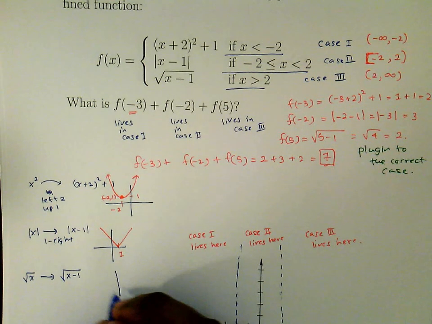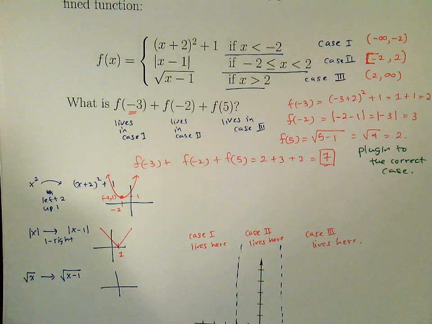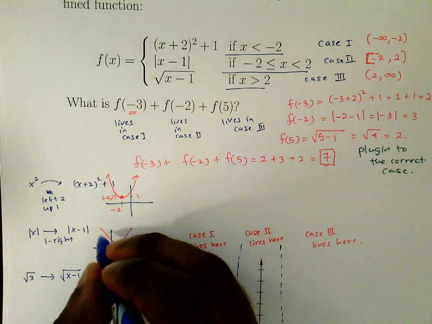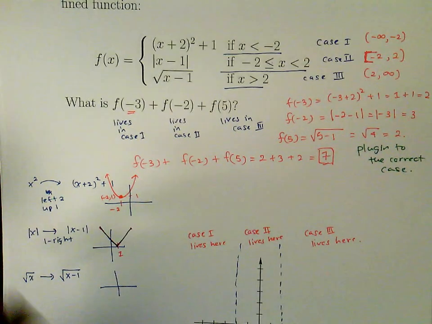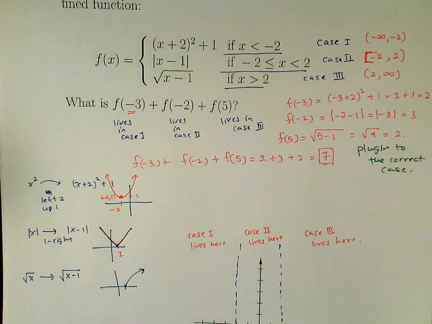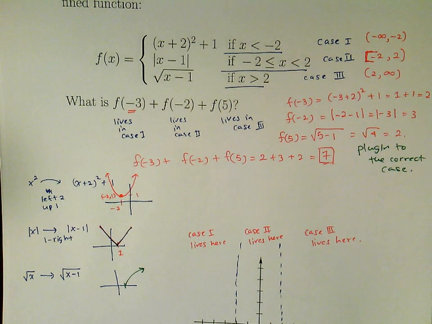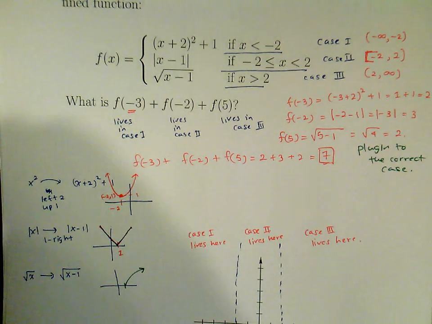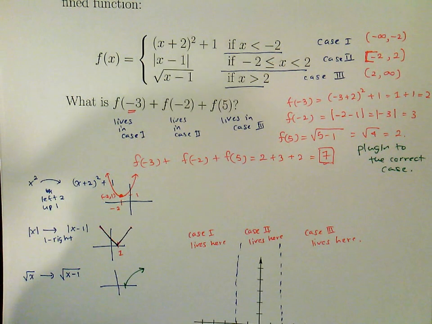Well, let's draw things in different colors. So this one is in blue, and the last one is in green, and it's the square root function 1 unit to the left.